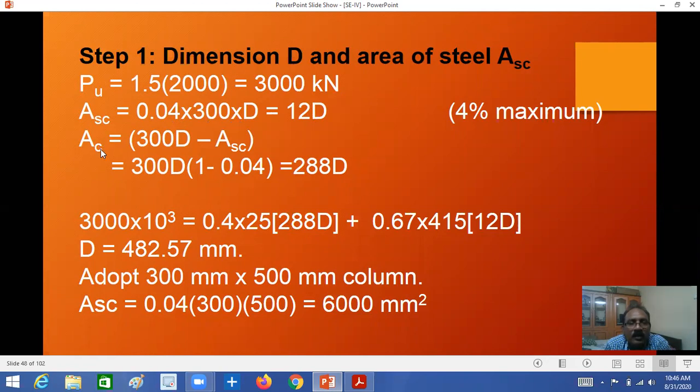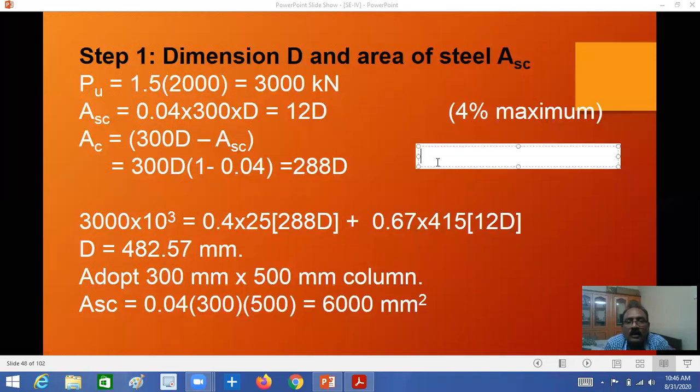Now the area of concrete equals the total column section area, which is 300 into D, breadth into depth, that we have to calculate, minus the area of reinforcement Asc.